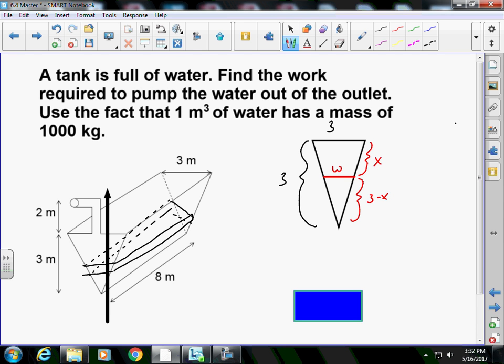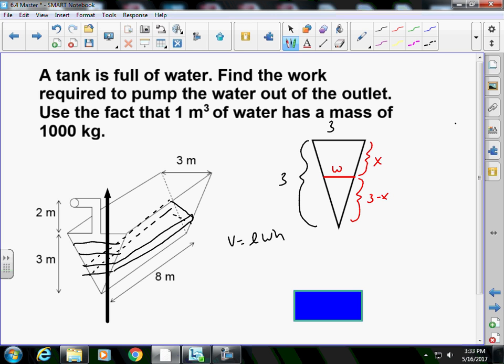And if I do that, I have slabs. And each one of those slabs has their own volume. So it's the volume for that is length times width times height. But the problem is that the width is changing. This is one width, and this is a totally different width because it's getting narrower and narrower.